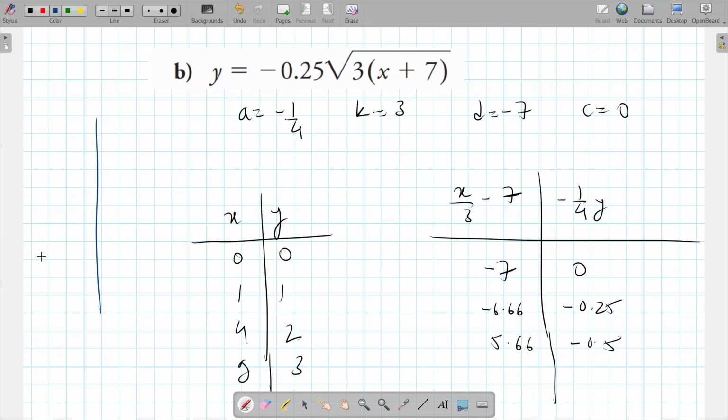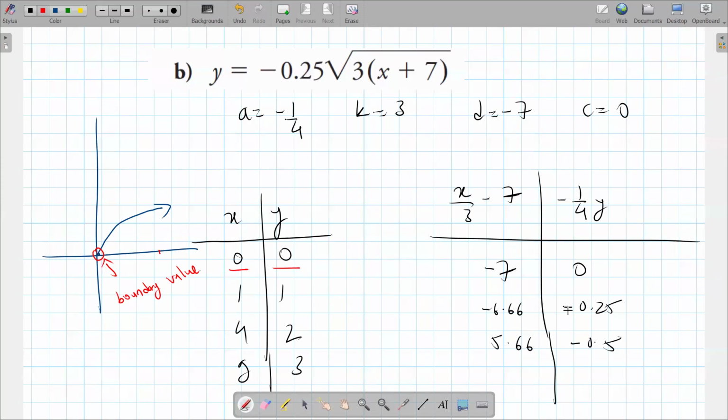So let's graph this. We know the parent function goes this way. This is called the boundary value, which is basically like the starting point. So the boundary value changed to negative 7, 0. Okay, and then it's going downwards. So when you actually plot the points, it'll look like this.